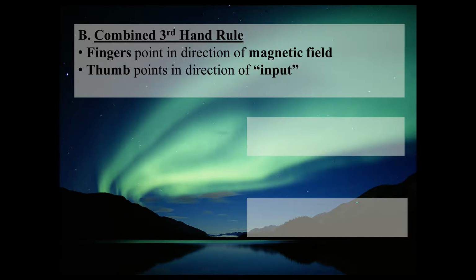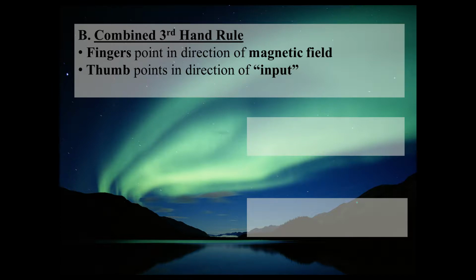Your thumb, in the case of a moving charge through a magnetic field, is the velocity of the particle. For a current carrying wire, it's the direction of current. And for the electromagnetic induction effect, it's the direction that you grab and physically move the wire. We can classify all of those three descriptions just by calling it the input.